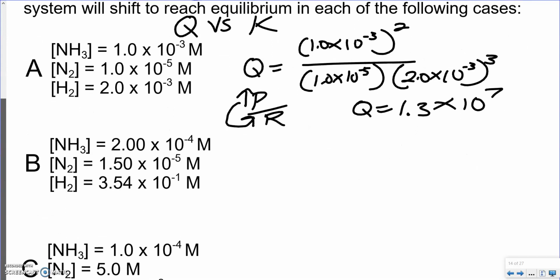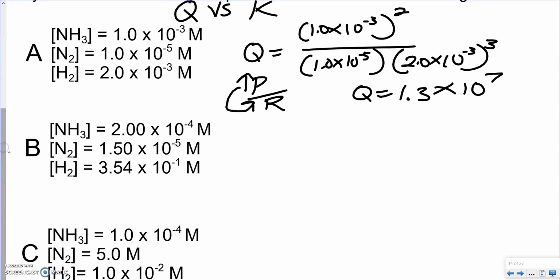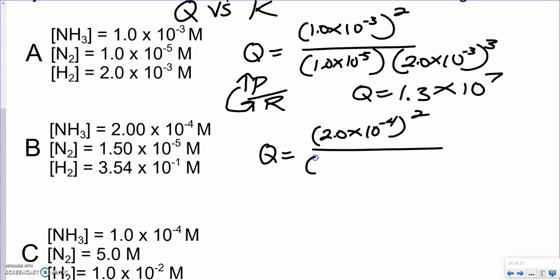Let's do the next scenarios, and we'll go through these 3 scenarios, and then we'll look at K and how to solve for K. Okay, so here, I'm going to have my Q in this case being 2.0 times 10 to the negative fourth to the second over 1.5 times 10 to the negative fifth. I'm not sure why there's an extra parentheses there, sorry about that.